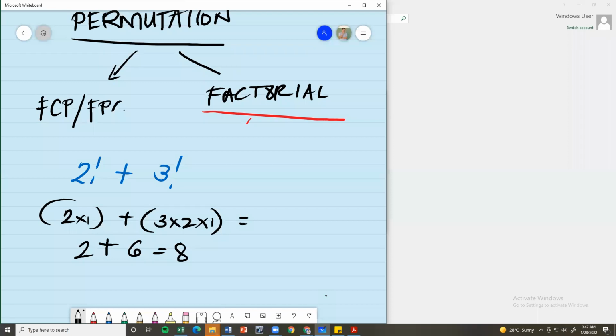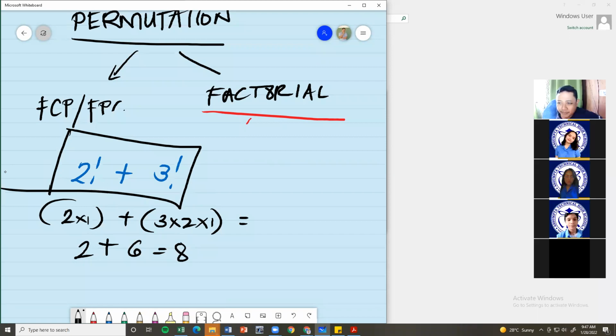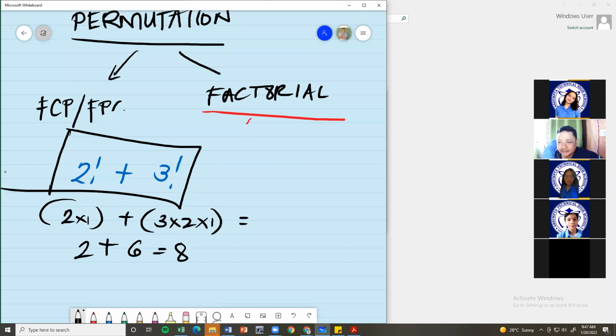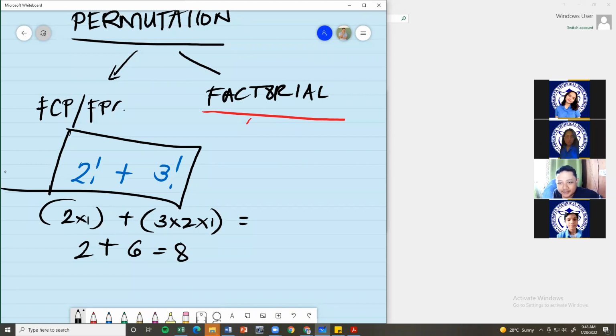Try pressing this in your calculator and see if you will get the same answer, which is 8. Raise your hand if you got the same answer, because it also involves operations. Very good. Okay, thank you.